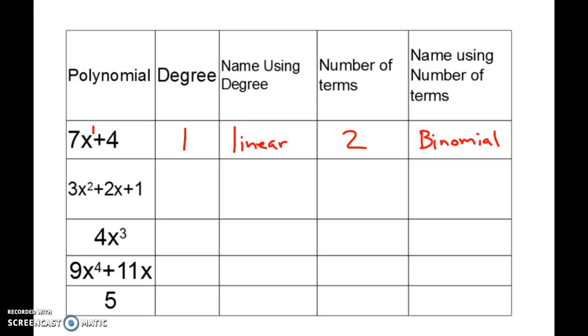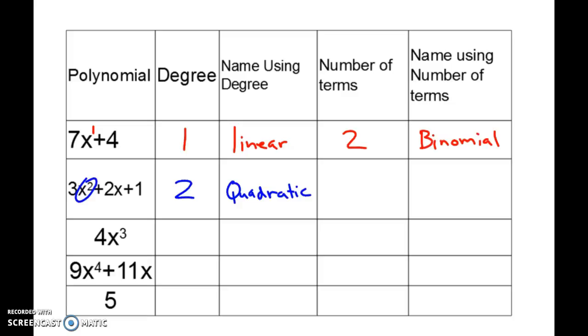Okay, on to this next one here. We have 3x squared plus 2x plus 1. Okay, when you have x squared, obviously that is a degree of 2, and any polynomial that has a degree of 2 we call a quadratic. Okay, that's a quadratic. And how many terms?